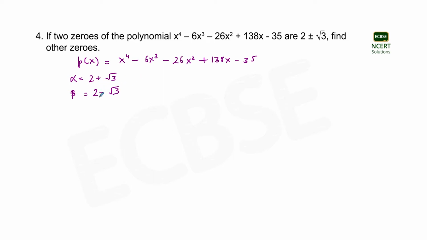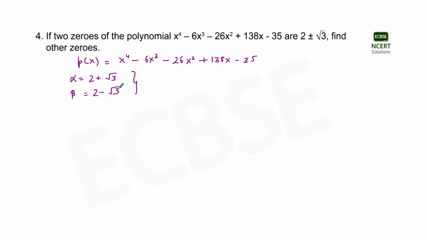These two values of alpha and beta will be used to find the quadratic polynomial. To find it, we will use the relationship between the coefficients of the quadratic polynomial and the zeros alpha and beta.